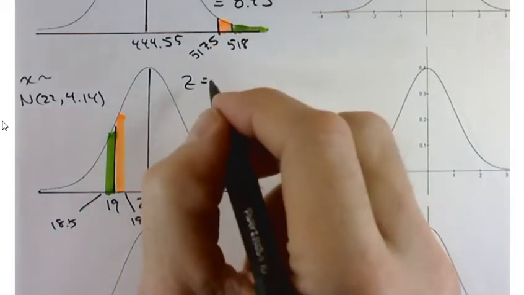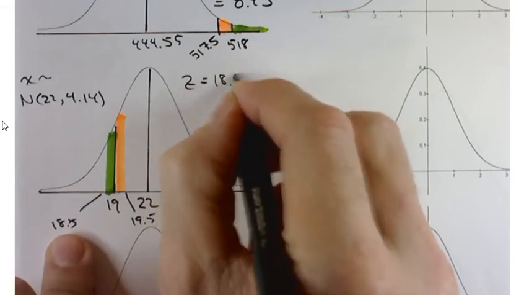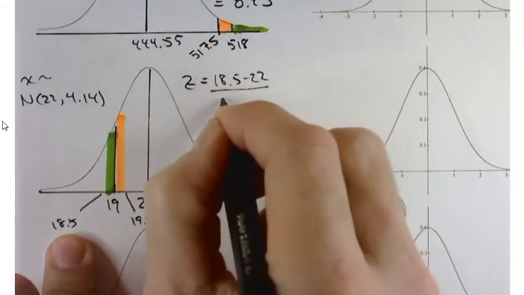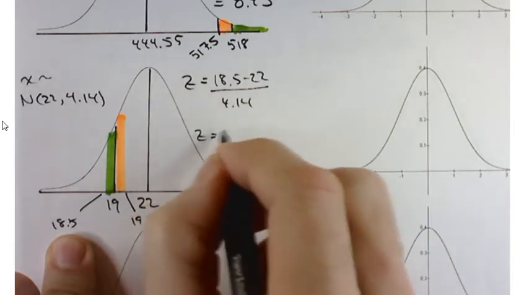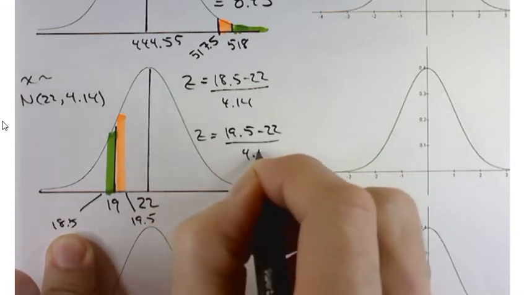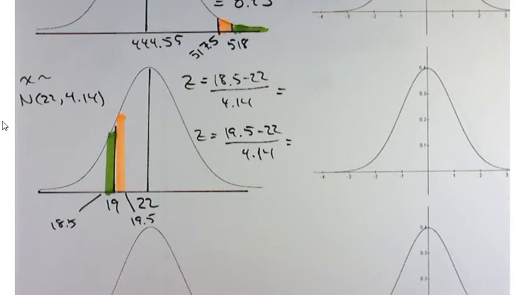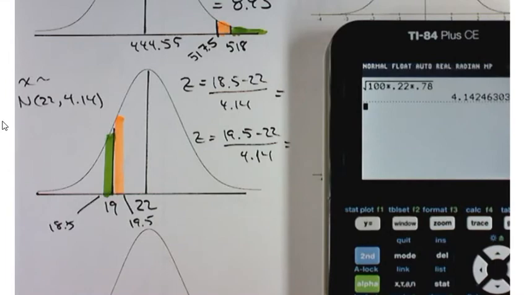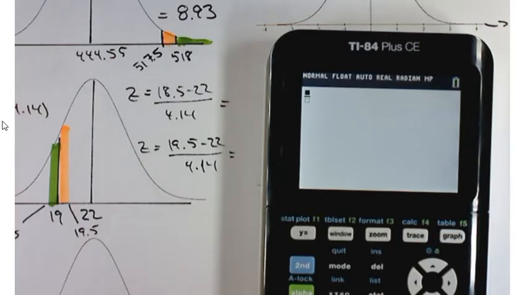So it'd be z equals, let's start with the smaller of the two, 18.5 minus 22 divided by 4.14. And then 19.5 minus 22, again divided by 4.14. So just a little trick here for us.